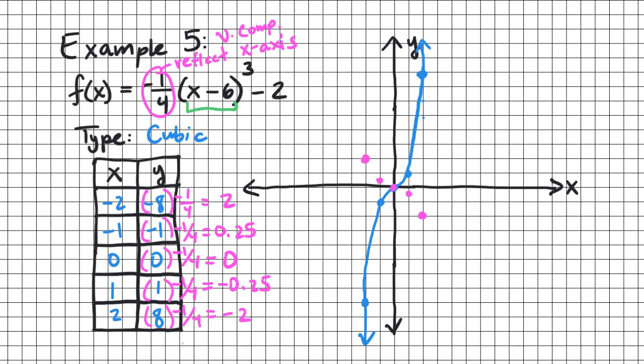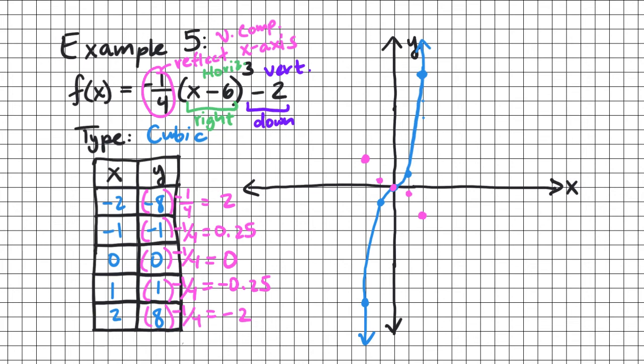Okay. And then we should also see that in the equation, there's a minus 6, which means there's a horizontal translation. Minus means to the right. And then there's a minus 2, which is a vertical translation going down 2.